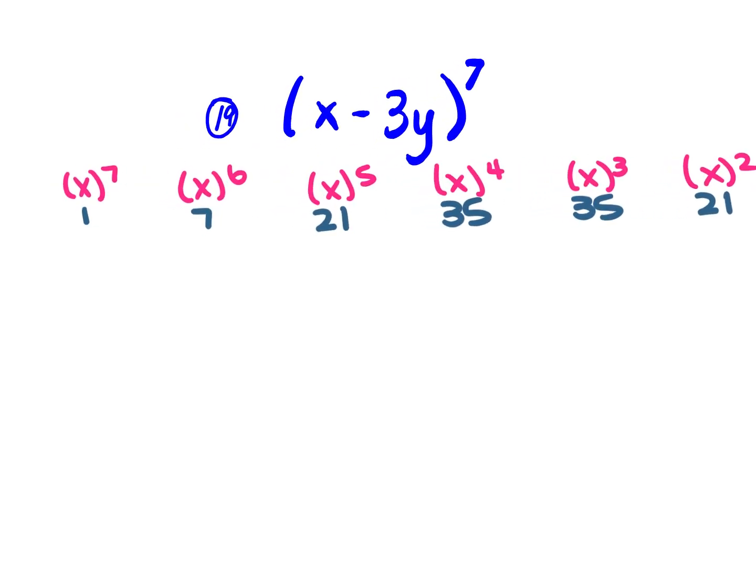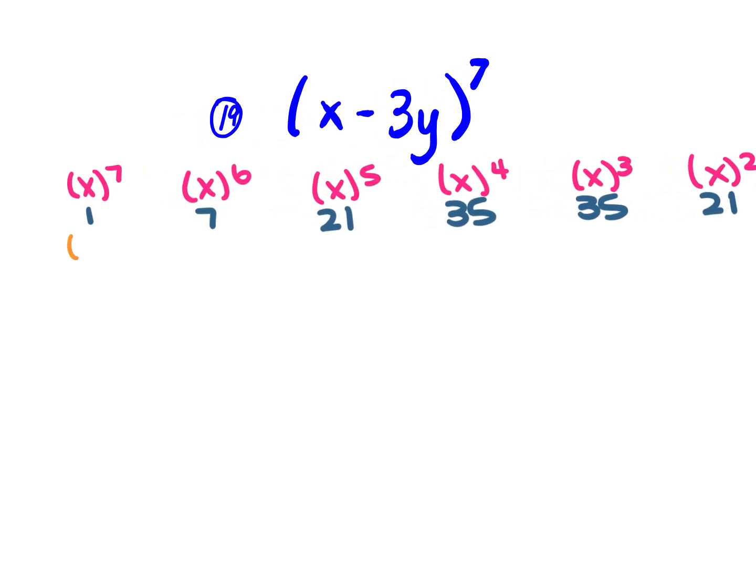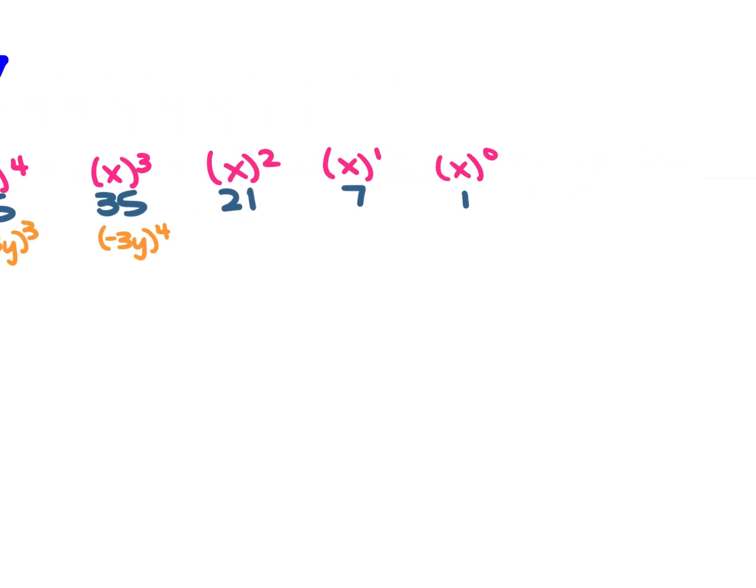Next, we have that negative 3y to each of the powers from 0 to 7. So negative 3y to the power of 0, negative 3y to the first, negative 3y to the second, negative 3y to the third, negative 3y to the fourth, negative 3y to the fifth, negative 3y to the sixth, and negative 3y to the seventh.